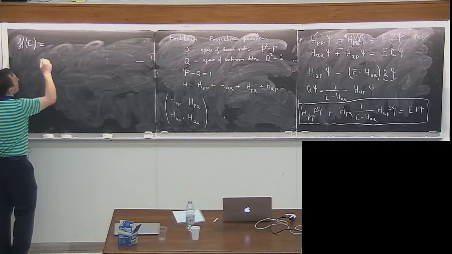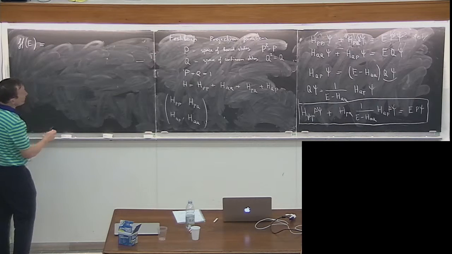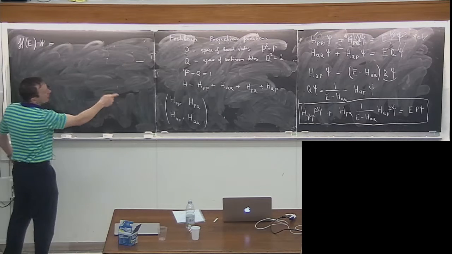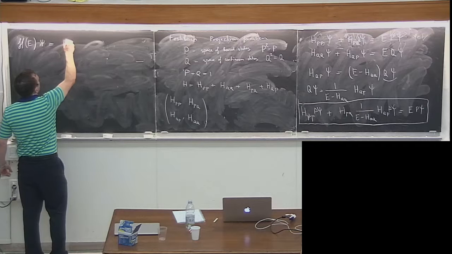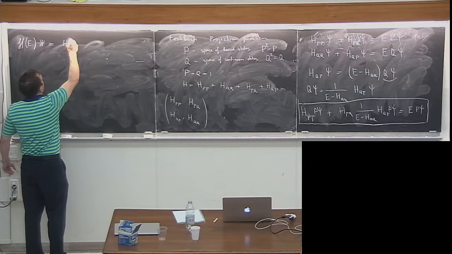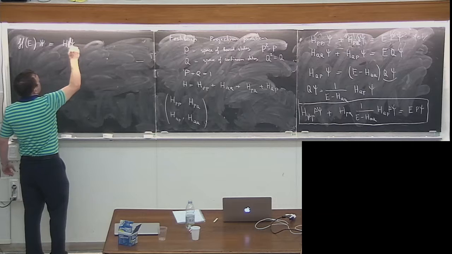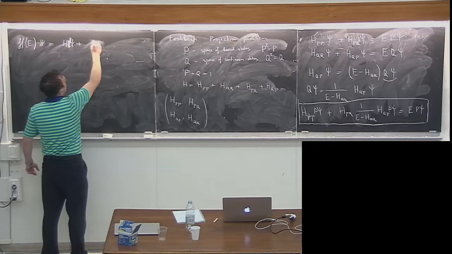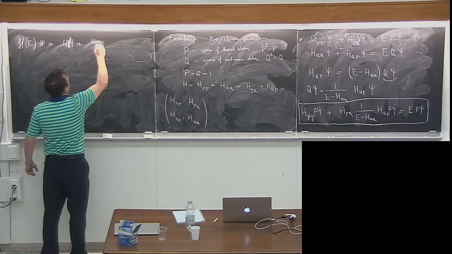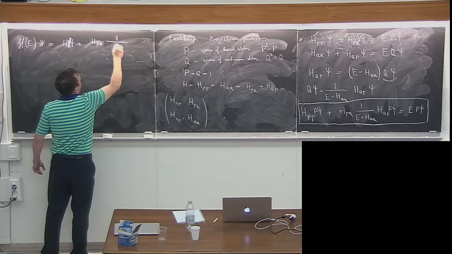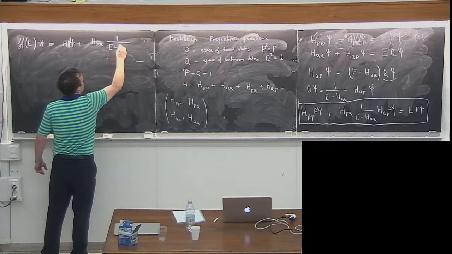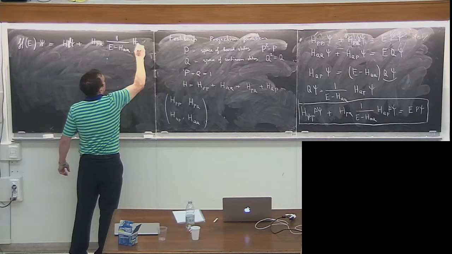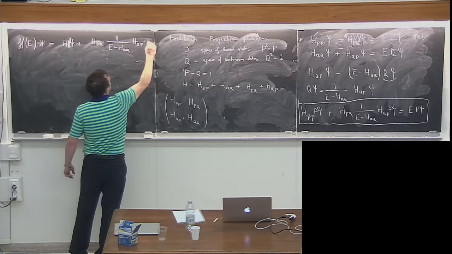This H of E, my Hamiltonian acting on psi, is going to be the following: it's going to be my original H, which is constant, times the P component, and then plus this extra term, H_PQ 1 over E minus H_QQ H_QP times psi.